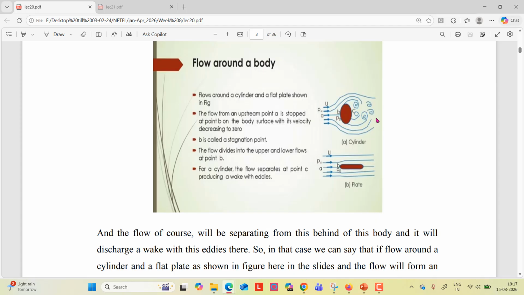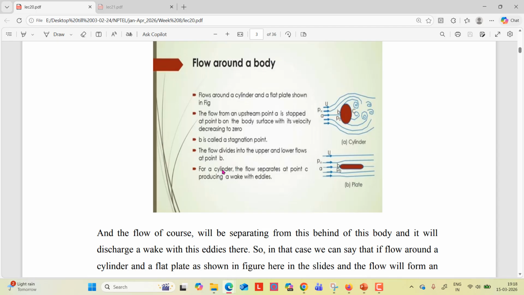It is stopped at point B on the body surface, with its velocity decreasing to zero because it is going nowhere. It is stuck there. That is why velocity is zero at this point. This point is called the stagnation point. The flow divides into the upper and lower flows at point B.